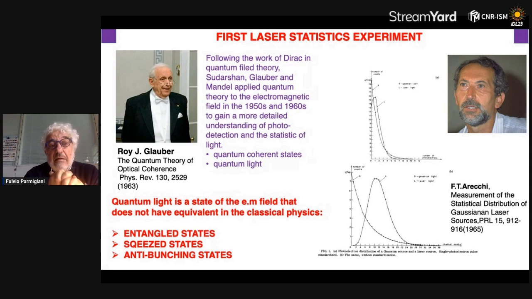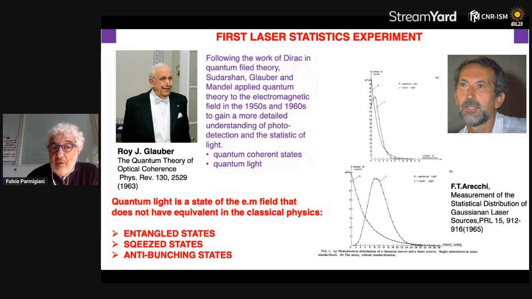And in fact, this is what was done after the quantization of the electromagnetic field and the quantum statistic of these particles. The work of Glauber, however, was to redefine in more precise terms the definition of a coherent source.